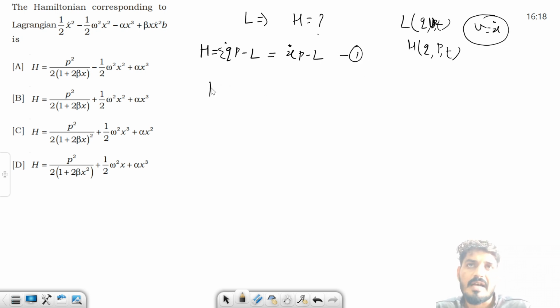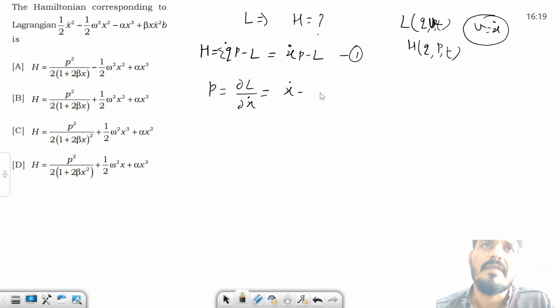So we know this formula, that generalized momentum p is nothing but ∂L/∂x dot. Just do this from this equation. This will give x dot, the second term will give you 0, the third term is minus alpha x cube, which is also 0, the fourth term you will see. So this is nothing but 2 beta b x dot.